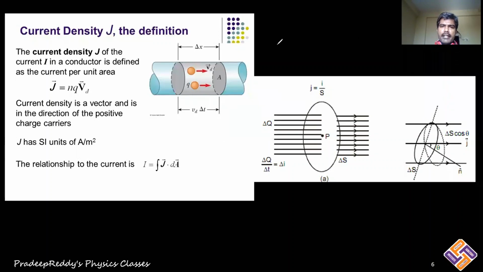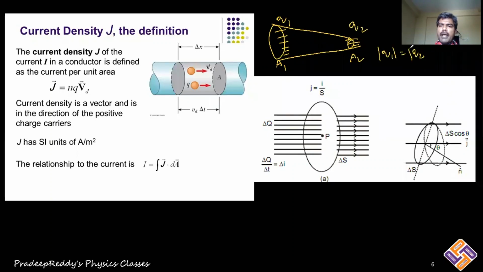So we have different areas of cross section for a conductor. This is area of cross section A1 and this is area of cross section A2. You have a conductor of uneven cross sectional area. Whatever charge is flowing through this area of cross section, the same charge should flow here. So charge Q1 and charge Q2, Q1 magnitude will be equal to Q2 magnitude.